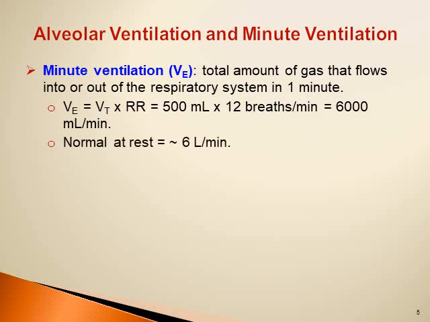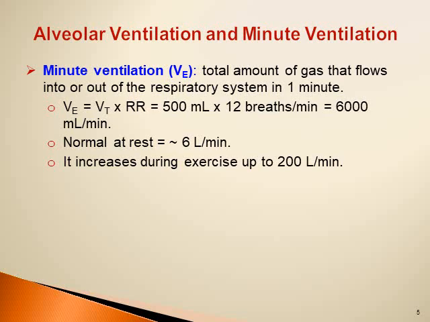So the minute ventilation at rest is 6 liter, and it increases during exercise up to 200 liters per minute to provide the required amount of oxygen for the skeletal muscles.